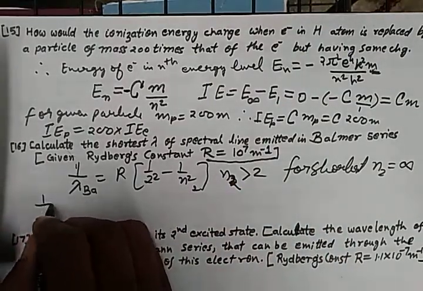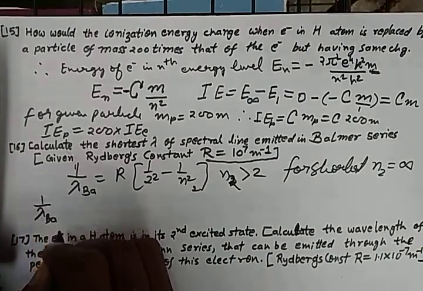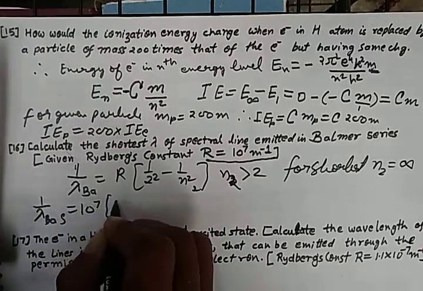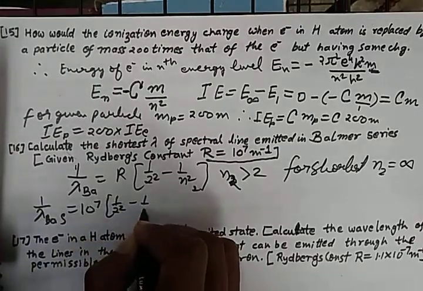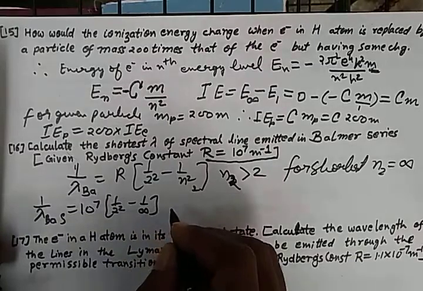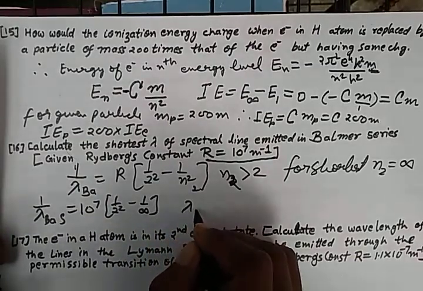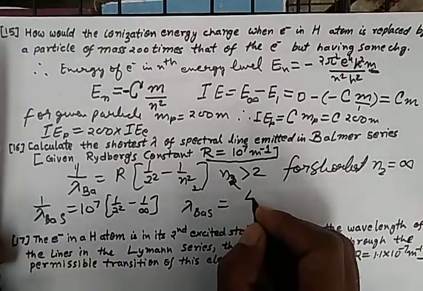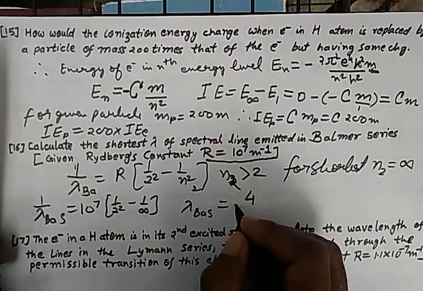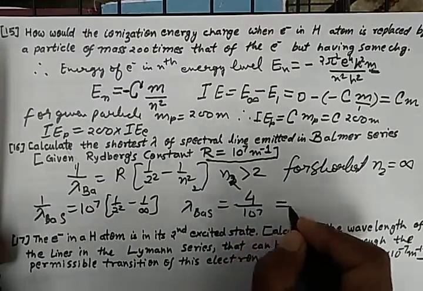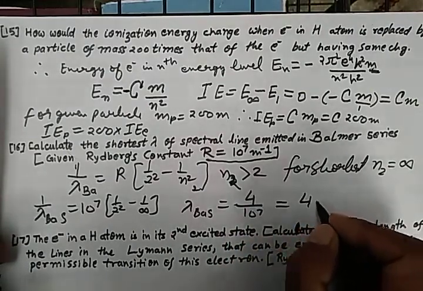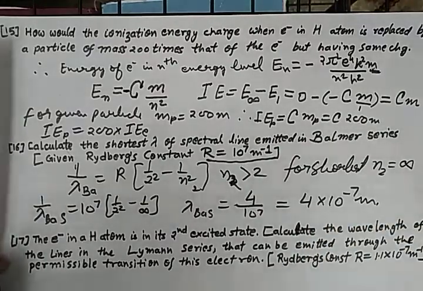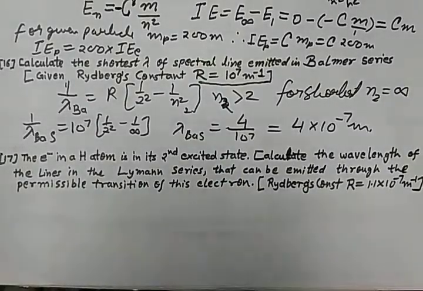So 1 upon lambda Bohr shortest equals R, which is 10 to the power 7, into 1 upon 2 square minus 1 upon infinity. Now I am reciprocating it. Lambda Bohr shortest is equal to 4 upon 10 to the power 7 meter.